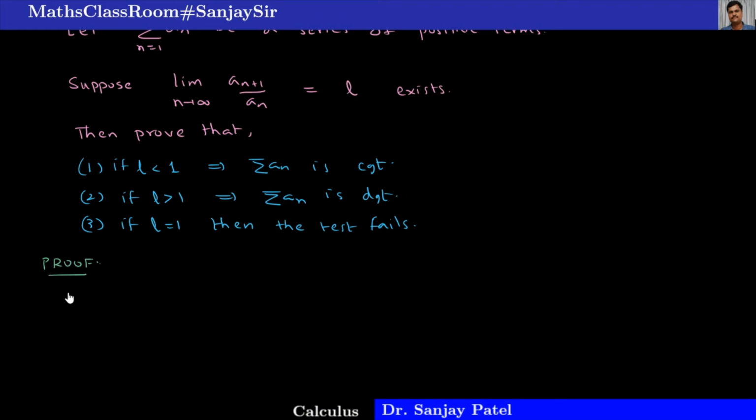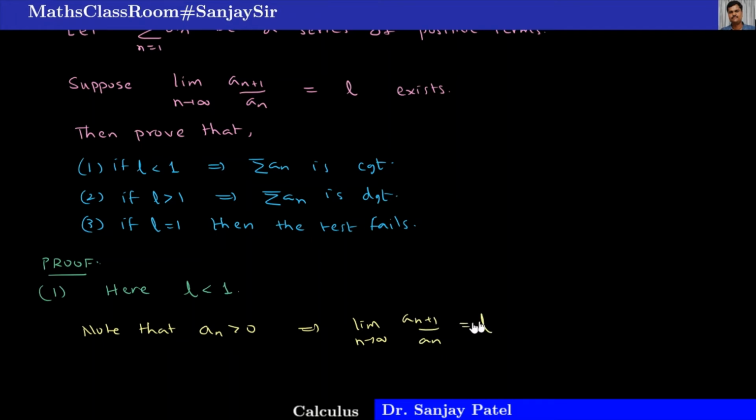First case, here we are given that L is less than 1, and note that all an are positive here, and therefore in the limit n tends to infinity of an plus 1 upon an, these terms are also positive.